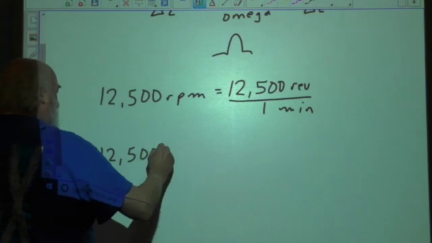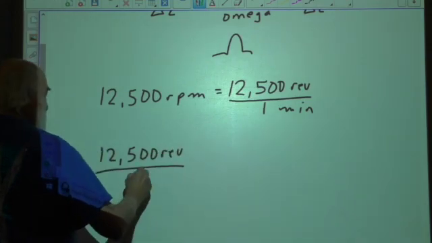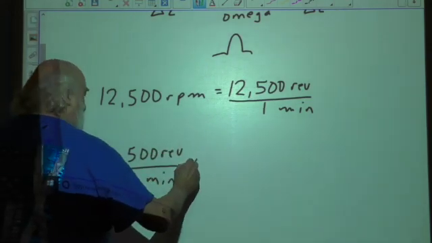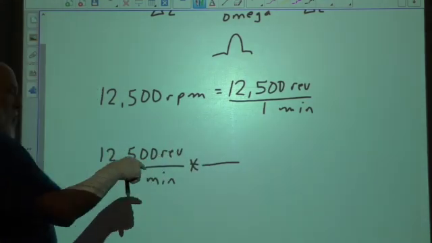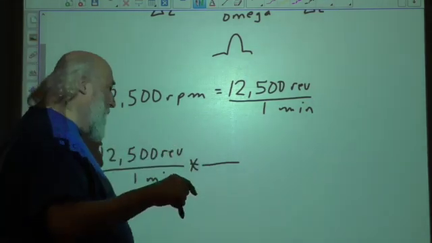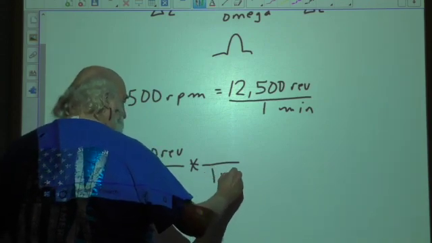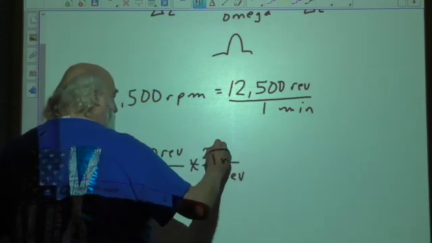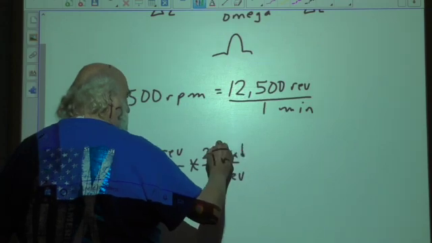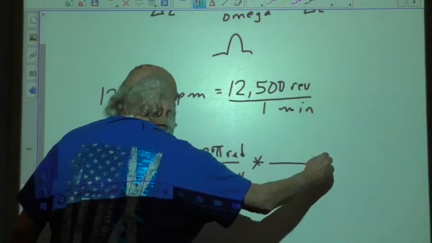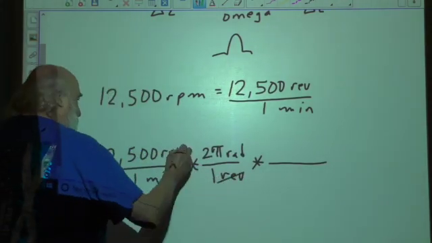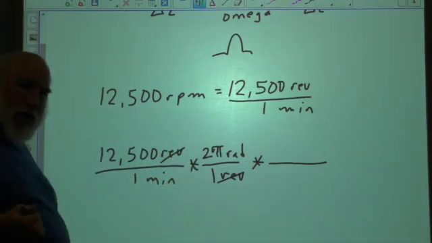12,500 revolutions over 1 minute times, and we're going to change revolutions to radians. So this is going to be 1 revolution on the bottom and 2 pi radians on top, times fractionally. Now we got revolutions out, we got radians, which is what we want on top.